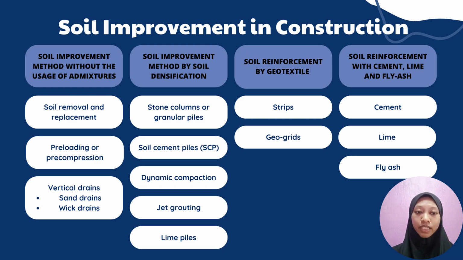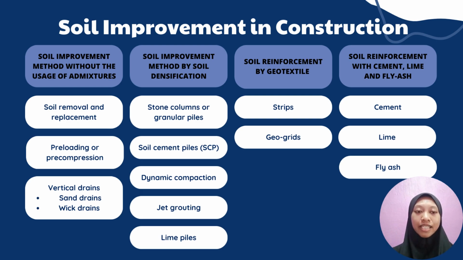Next, jet grouting. This approach boosts soil shear strength by reinforcing the soil with cement columns and lowering consolidation settling before erecting the structure. And the last one is lime piles. This approach has a considerable impact on reducing the expansive soil's expansion potential.